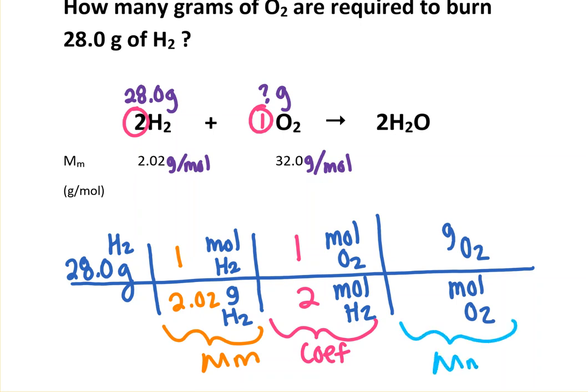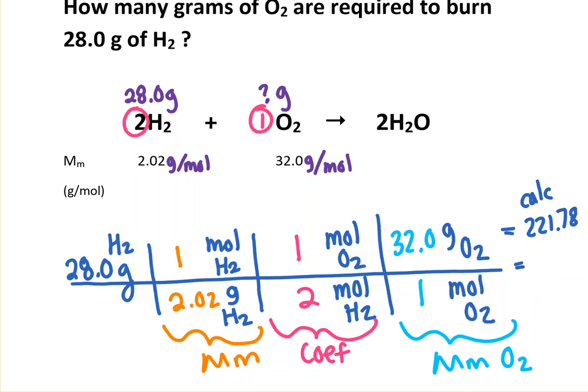I'm going to use the molar mass of oxygen here, calculated for me. Again, the 32 goes with the grams and a 1 with the moles. That's what my calculator says.